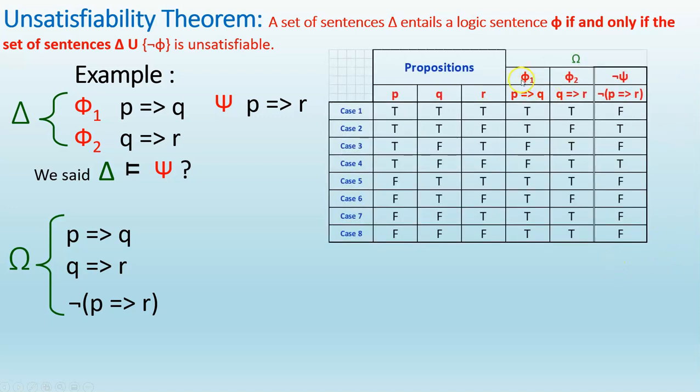And now what I have here is this set of sentences, what I have called omega. There's omega, this set of sentences right there. And what we want to know here is, is there ever a case, a set of truth assignments, where all three of those are true simultaneously? And if you step through them, you can easily see there's never such a case.